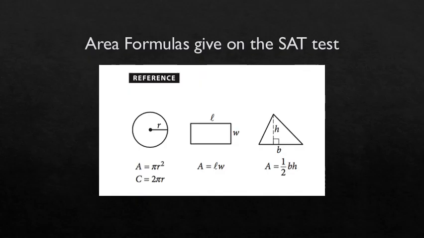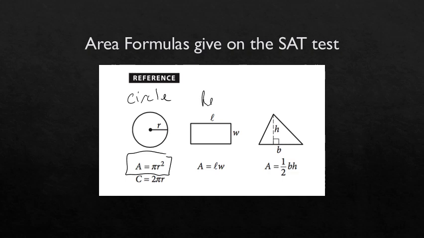There are certain formulas that can be utilized to calculate the area of a figure. These three formulas come straight out of the SAT test document. When you take the SAT your junior year, you will have this in the directions on the math portion of the test. One basic shape is a circle, and the area of a circle is pi, approximately 3.14, times the radius squared.